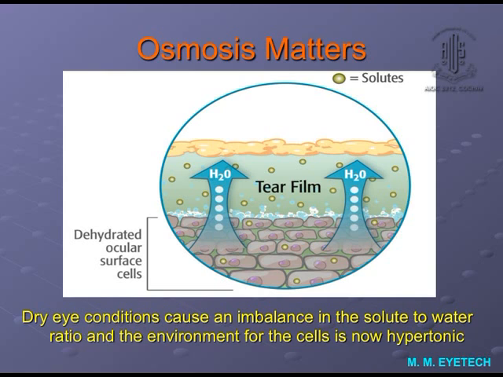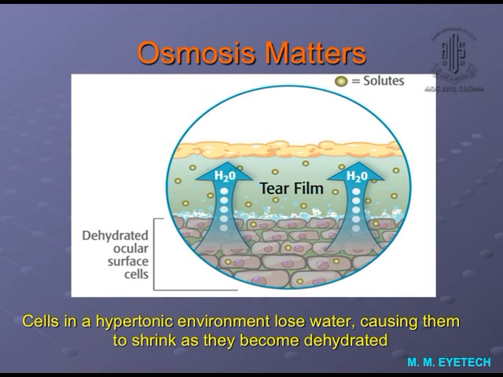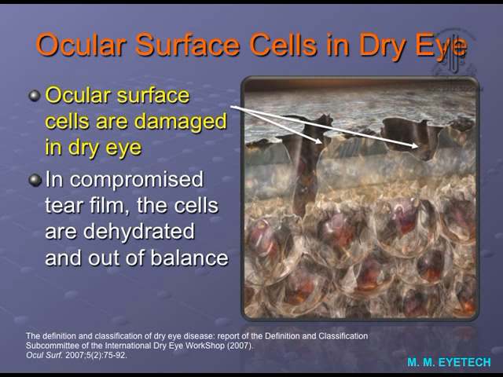But in dry eye, there is loss of the tear film, there is a loss of water here, and what that does is it makes this area hyperosmolar or hypertonic, and that causes the water to get sucked out from the cells, thereby dehydrating the cells of the ocular surface. These cells in the hypertonic environment lose water and they shrink as they become continuously dehydrated.